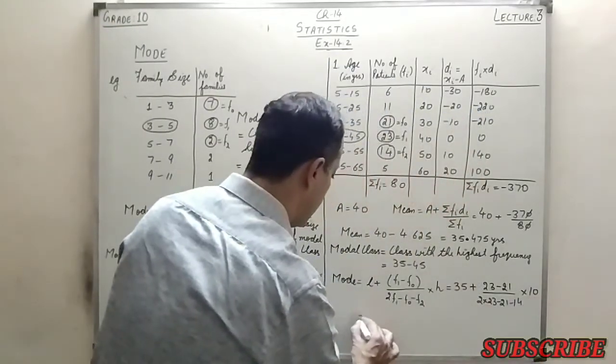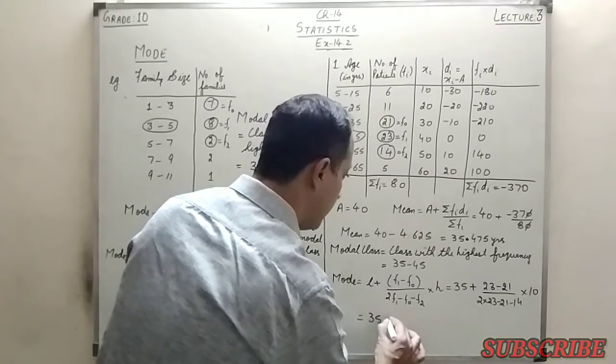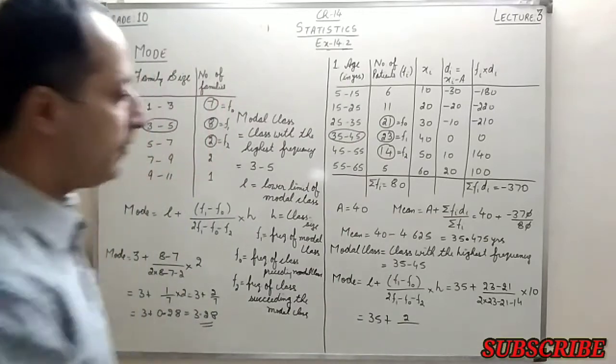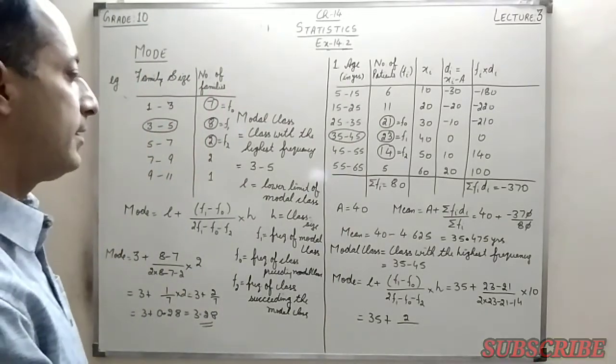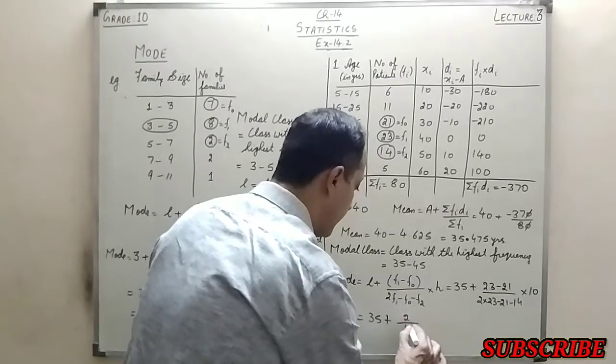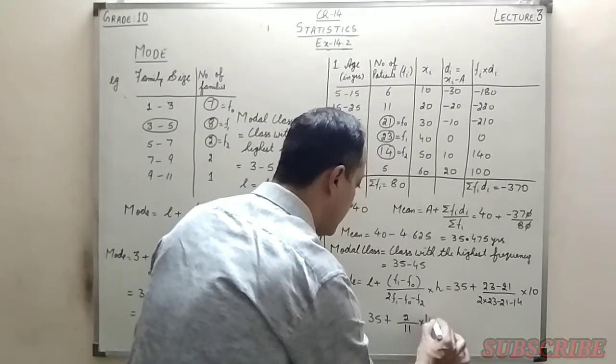So this is 35 plus, in the numerator we have 2 and in the denominator we will have 46 minus 35, that is 11, into 10.